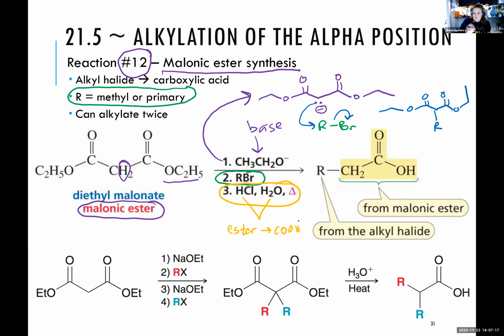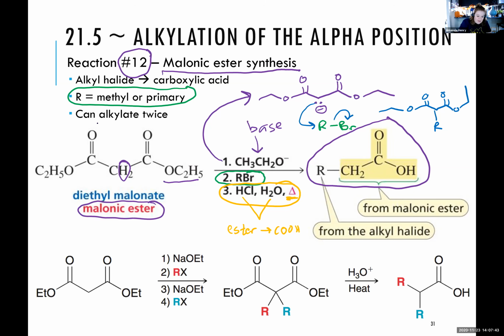We know that's what happens when we react an ester with acid and water. We learned that in our last chapter. But there's also the addition of heat here. That heat's going to cause what's called a decarboxylation. And so look at what we end up with in our final product. We have a carboxylic acid with a new R group attached.